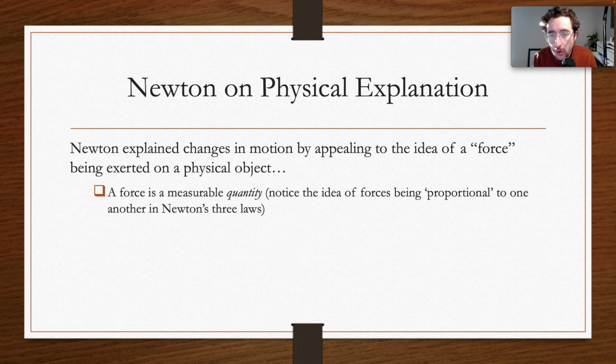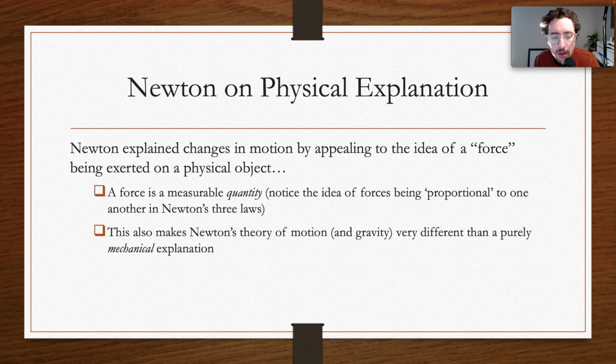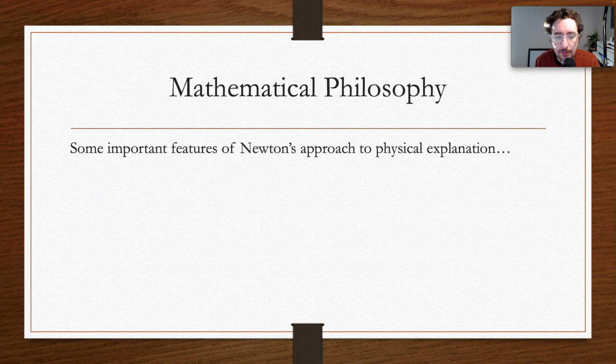So the force is just whatever it is that's picked out by this mathematical equation. It's just this quantity we can describe and measure. Now, this also makes Newton's theory of motion and gravity very different from a purely mechanical explanation. This is even more obvious when you consider Newton's ideas on gravity, which we'll consider in just a bit.